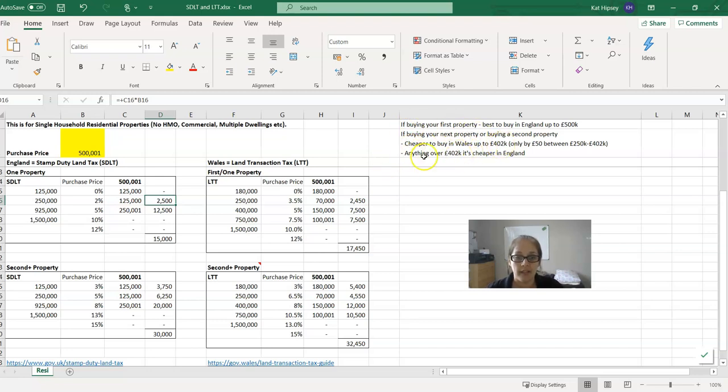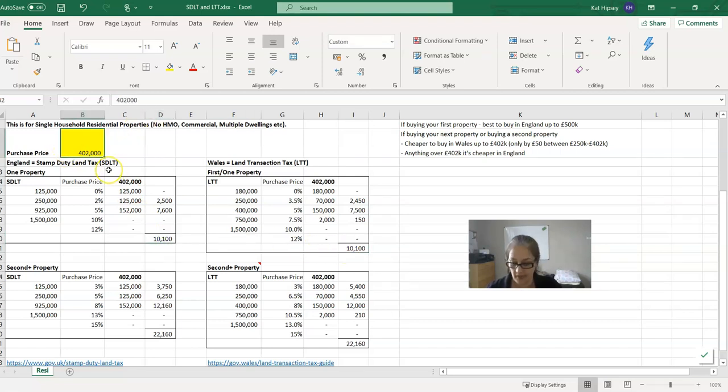If you're buying your next or second property, it's cheaper to buy in Wales up to a value of 402,000, and there's only £50 difference between England and Wales between the values of 250 and 402,000. Anything over 402,000, it's cheaper to buy in England. To illustrate this, 402,000 is the magic number where both taxes are equal.